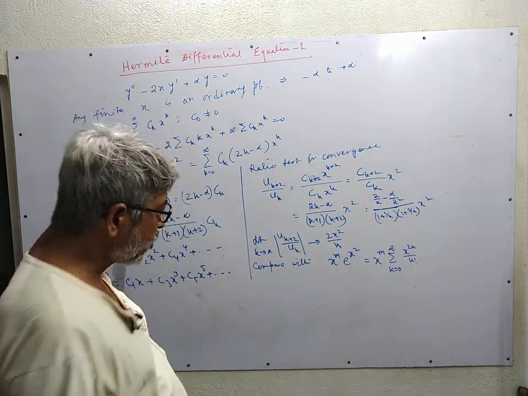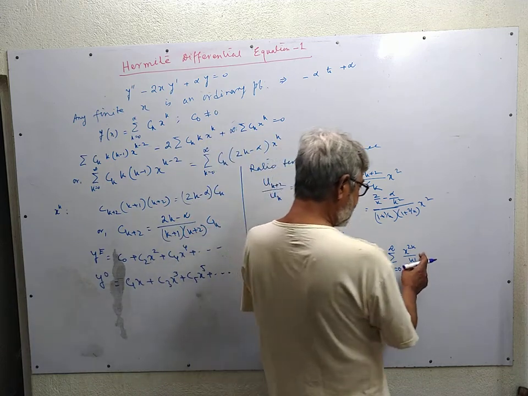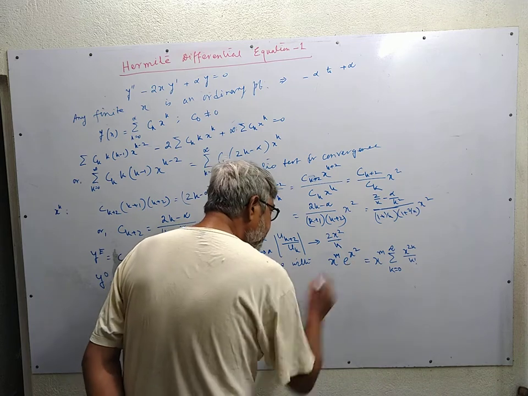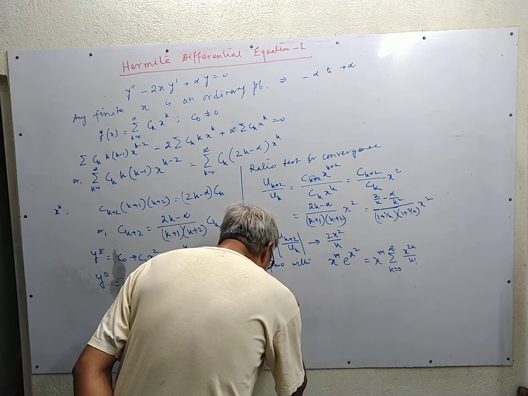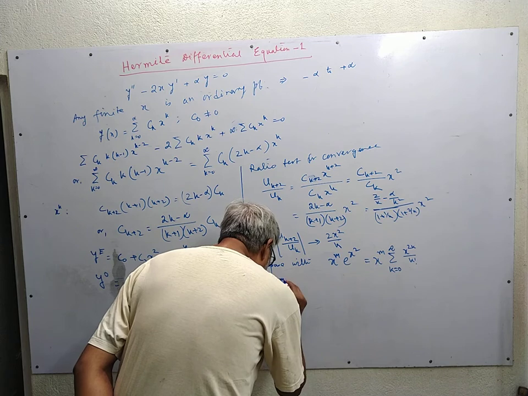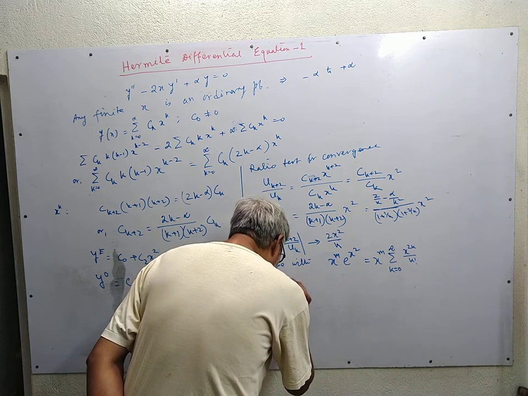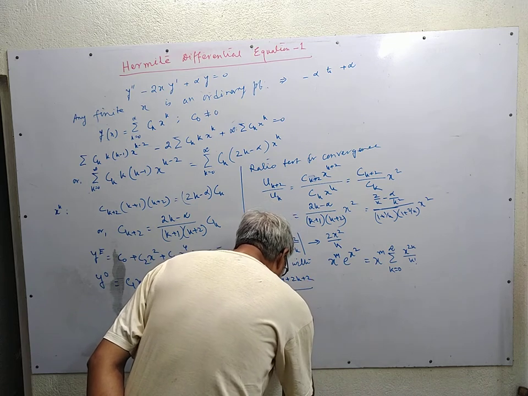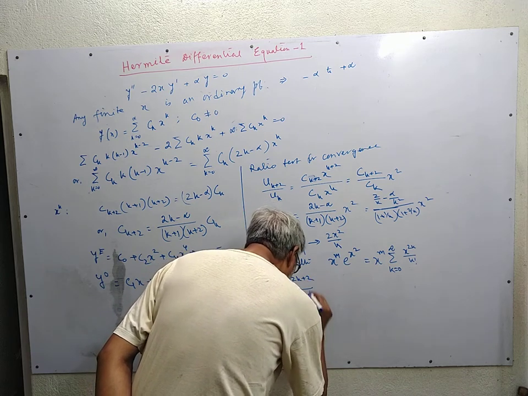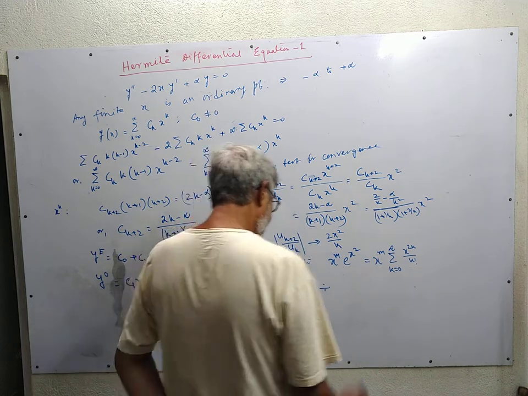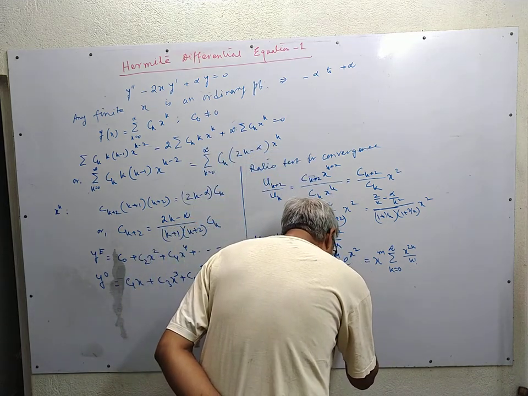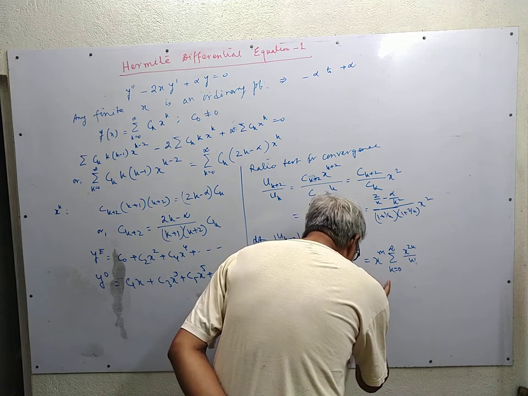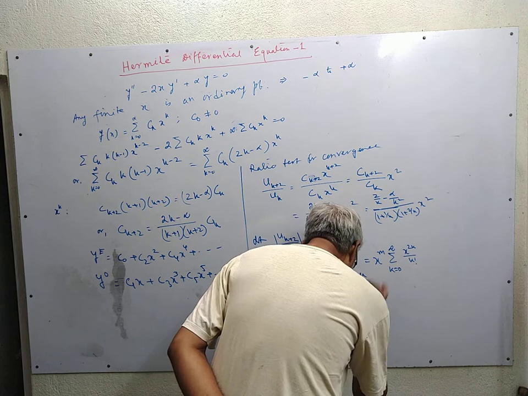If we take two consecutive terms of this series, the two consecutive terms are x to the power m plus 2k plus 2 divided by k plus 1 factorial, and x to the power m plus 2k by k factorial.